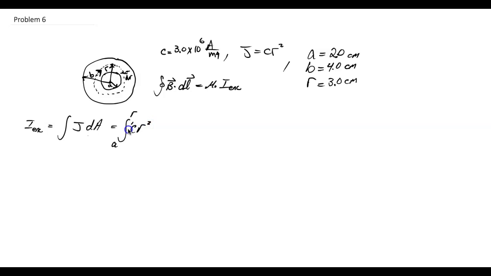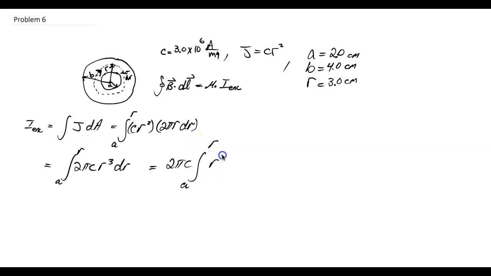C R squared, which is J, times the area element, which is its circumference times its thickness, or length times width if you want. So this gives us the integral from A to R of 2 pi c r cubed dr. And since 2 pi c is a constant, we can pull that out and say we have 2 pi c times the integral from A to R of r cubed dr, sorry.